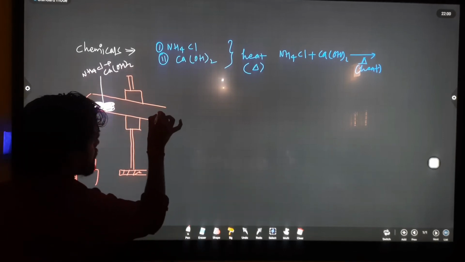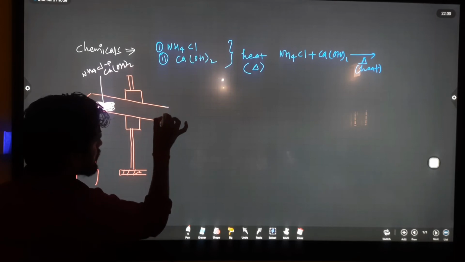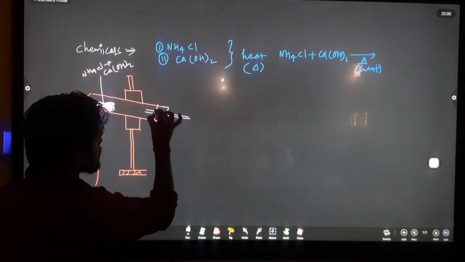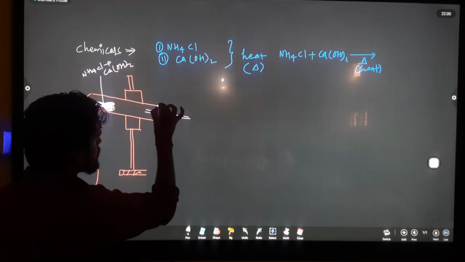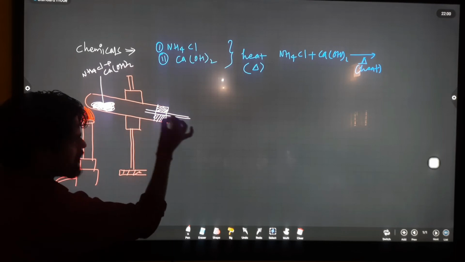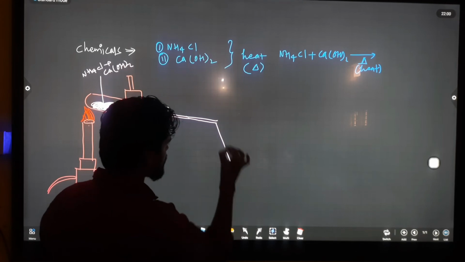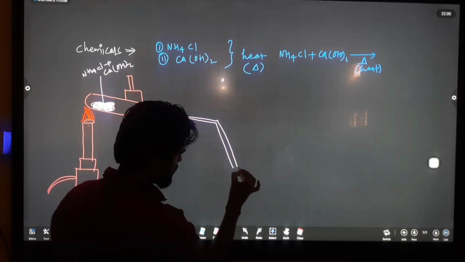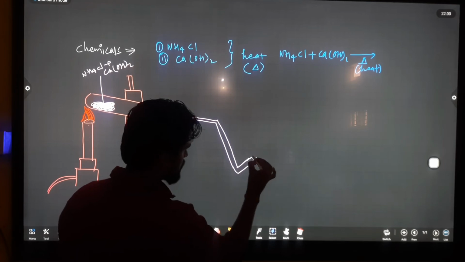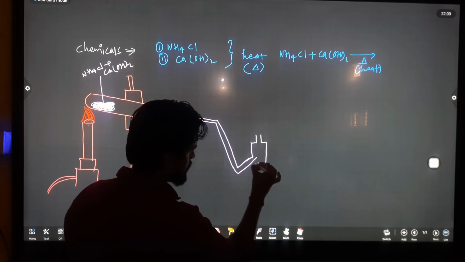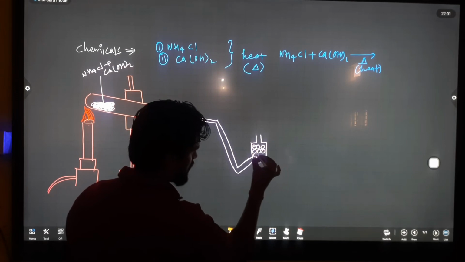Now from here we need one cork. You have to make it airtight. And a delivery tube here. This is the cork, and we have to make it airtight. This is the delivery tube, with a first end and a second end. Inside, we have to keep a lime tower.